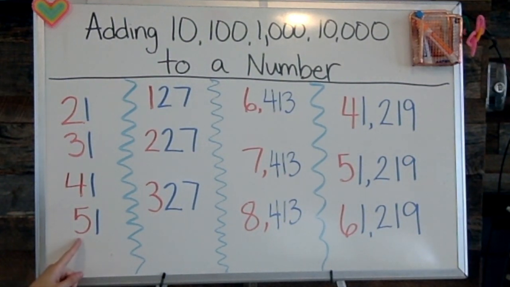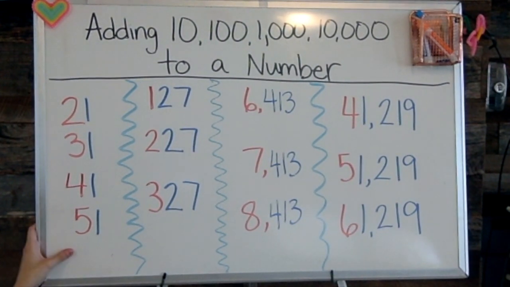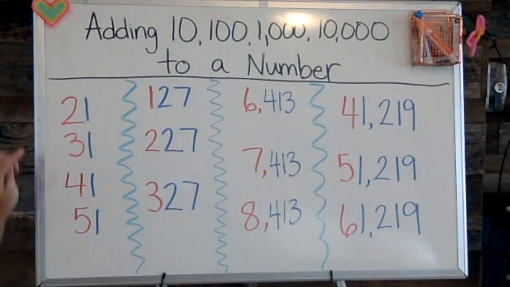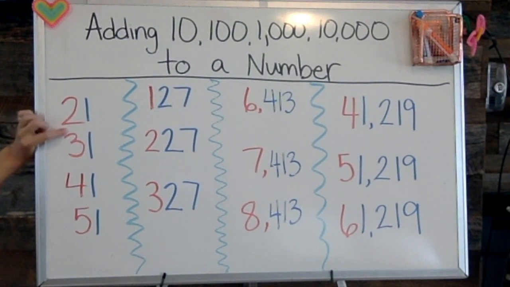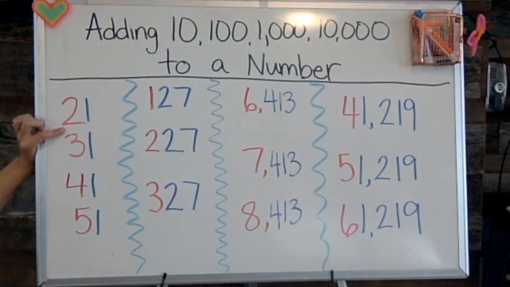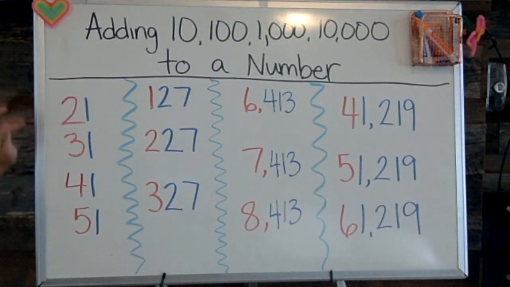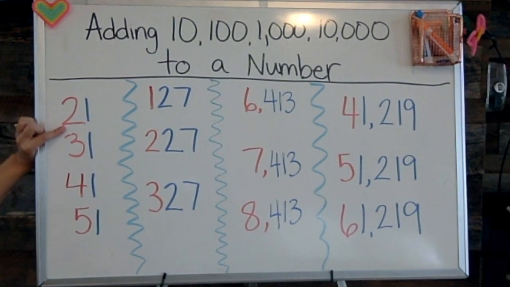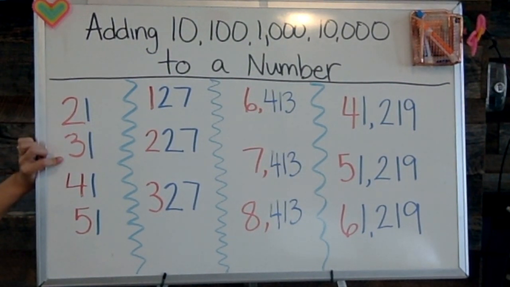And we add the next number to that, we count by ones. So look here, we've got 21 that has a tens place and a ones place. I want to add 10 to 21. I don't need to write out 21 plus 10 because this tens place, all I'm going to do is turn the 2 into a 3, and now I have 31 that has added 10.